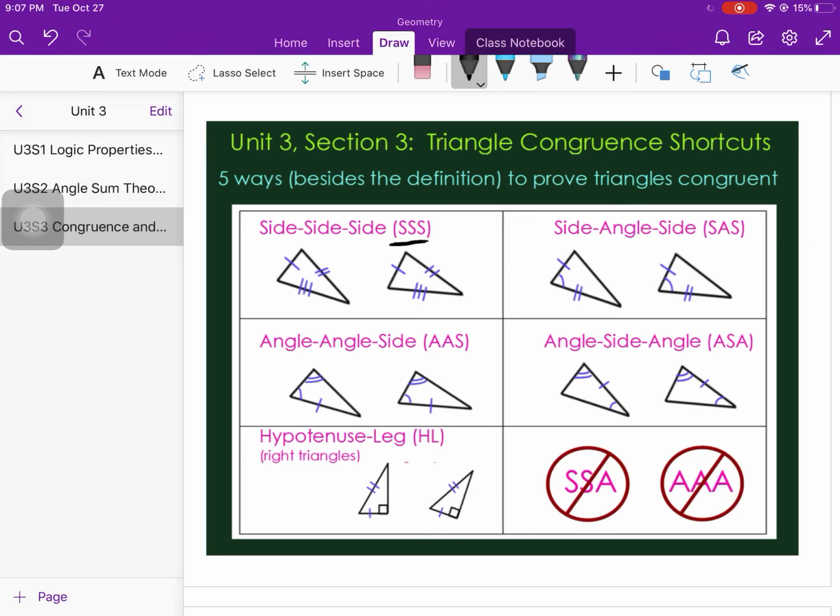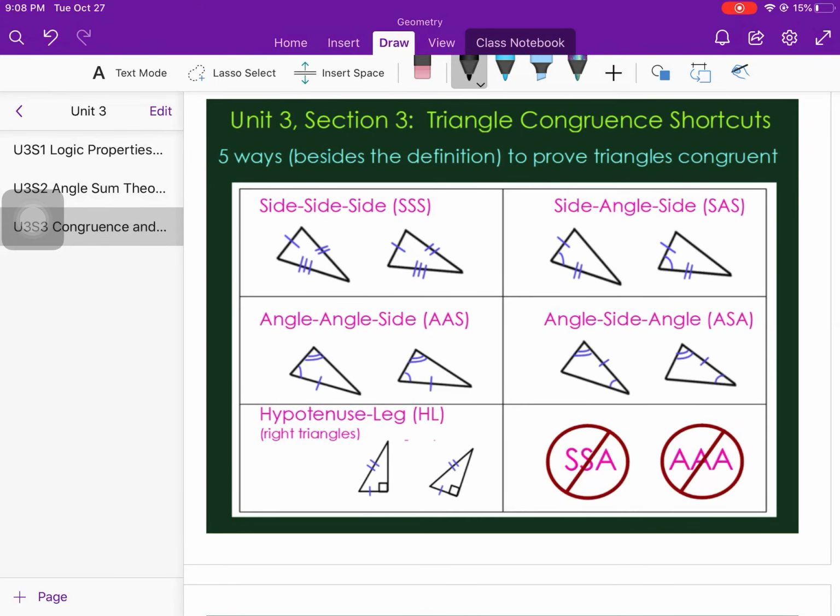So side, side, side is, if you know 3 sides are congruent between the 2 triangles, we can conclude that all the angles are also going to be the same, and therefore the triangles are going to be congruent. So this is a shortcut rather than finding all sides and angles. Another one is the side angle side shortcut, where you have an angle in between 2 sides for both triangles.